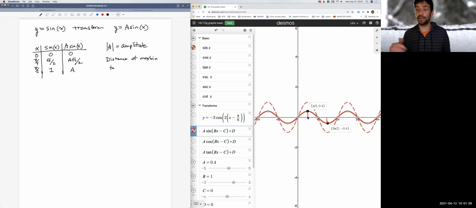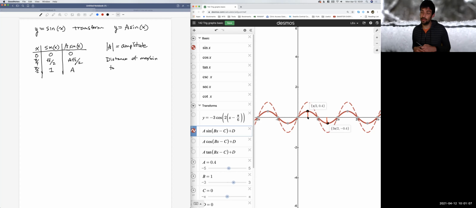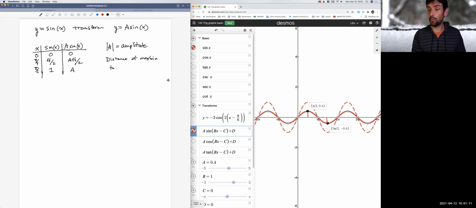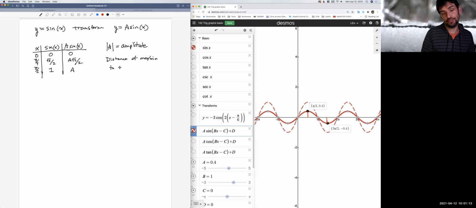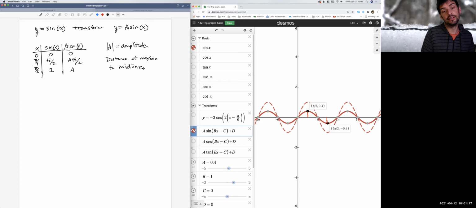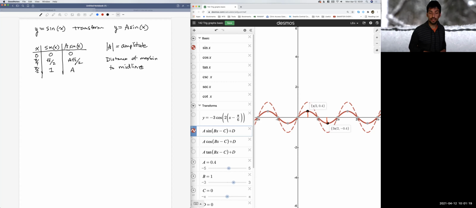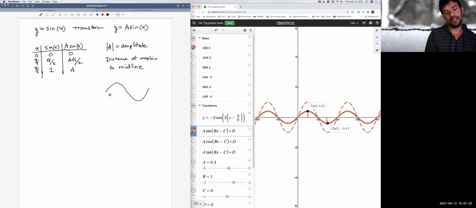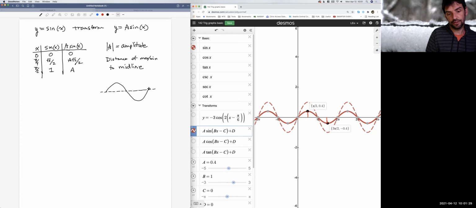Notice in my drawing I picked it to 0, but we want to be a little more general later when we shift our graph up and down, it won't be the distance to 0, it'll be the distance to what we call the midline. Okay, so regardless of how we shift our graph around, whether it's at 0, there's a point or there's a line that's always in the middle of the graph.